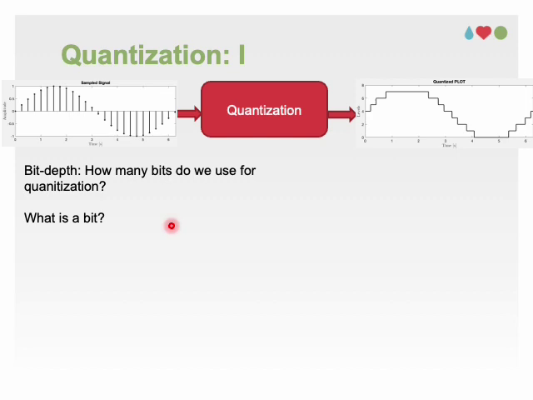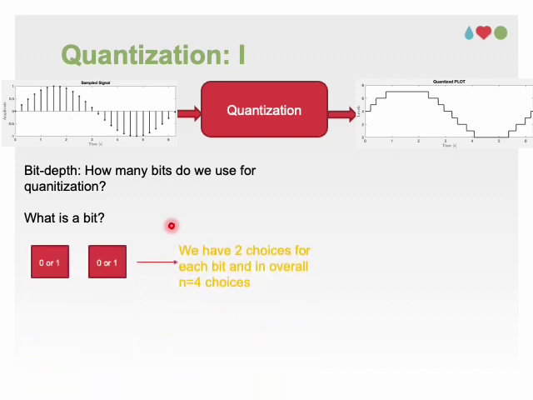What does this mean? Let's remind you of the meaning of a bit. Everything in a computer is binary, either 0 or 1. A bit is the smallest unit that stores just a 0 or 1.